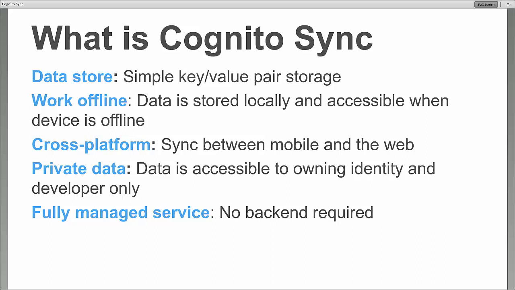And lastly, Cognito is a fully managed service, and what we mean by that is we will handle all the back end for you. You don't have to instantiate any servers. You don't have to deploy any software. Everything you can do in Cognito is available through APIs and our SDKs.